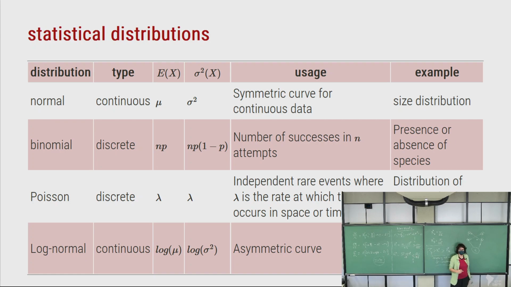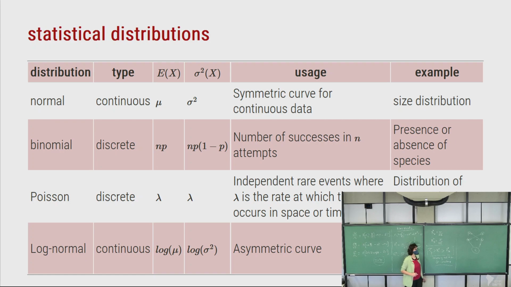This will always be described by patterns of those distributions. So each distribution has its own parameters, and the parameters can be combined to describe the mean and the deviation of the distribution.